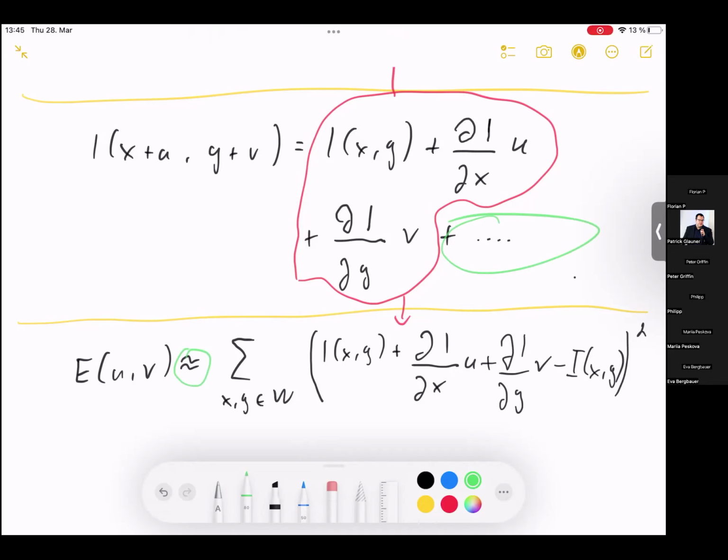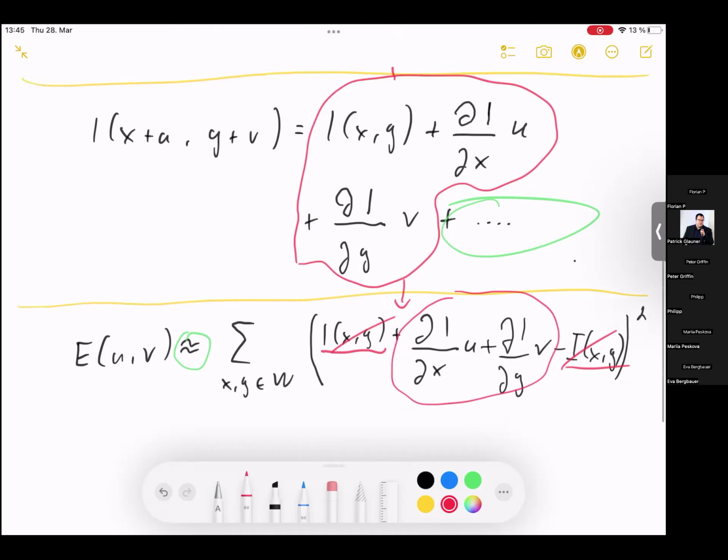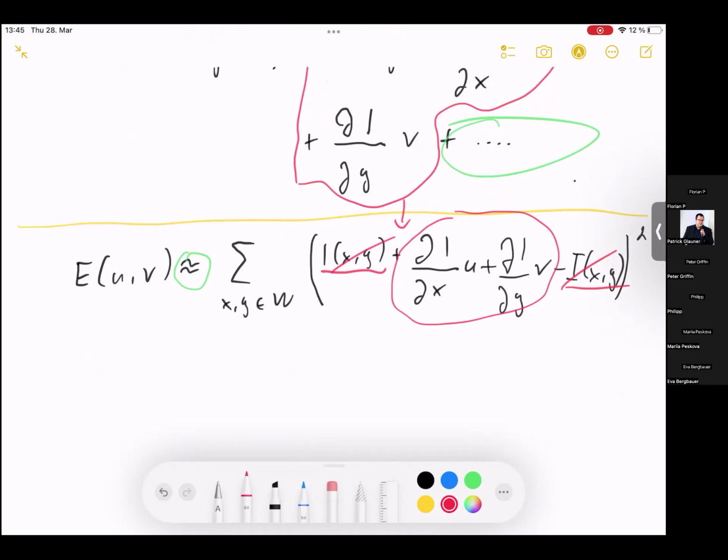And what we can notice now is I have this I here and I subtract it, so I can just eliminate both, as it's the intensity and then I subtract it. So what is left now is only these two parts. And these two parts, we will now write a little bit more conveniently, so we don't always need to write partial derivatives.